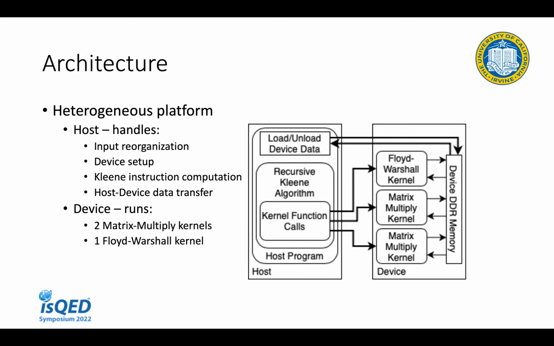The reason we choose 2 matrix multiplication kernels is because we noticed we can exploit parallelism in the updating phase of the Kleene algorithm. So we noticed that some matrix multiply operations can be done in parallel, and therefore we've reduced the number of matrix multiply operations between each Floyd-Warshall call from 6 to 4.